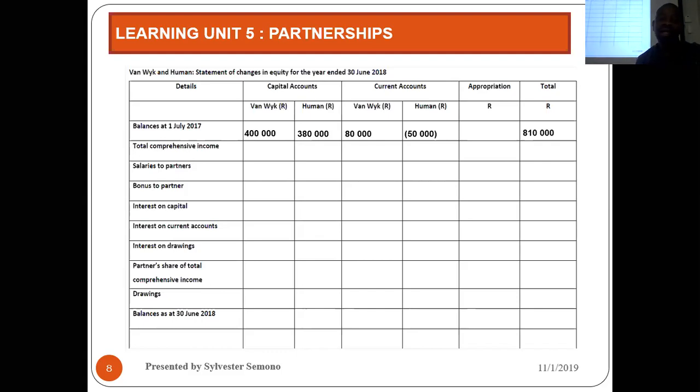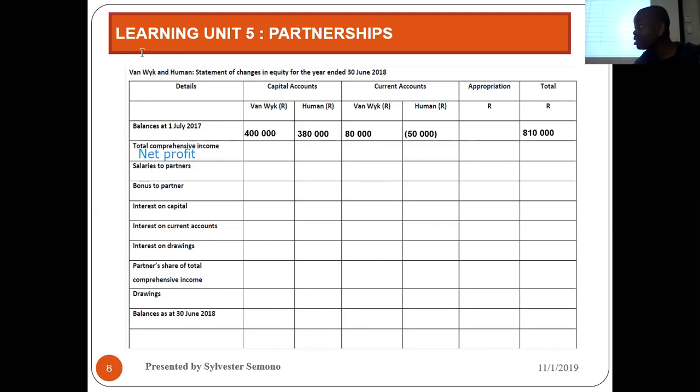Now, there's something called total comprehensive income. Can you see this total comprehensive income? It is the same as net profit for the year. Let me just write net profit here. So don't be confused and ask what it is. It's the same as the net profit. If you check, we do have it.